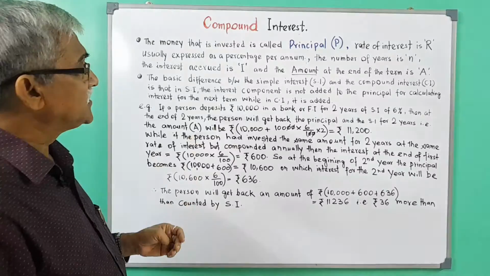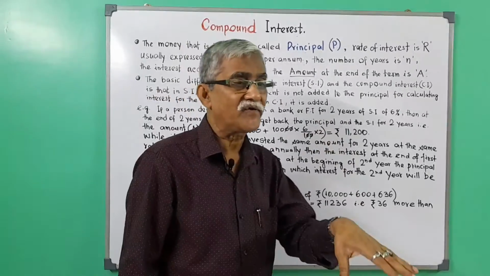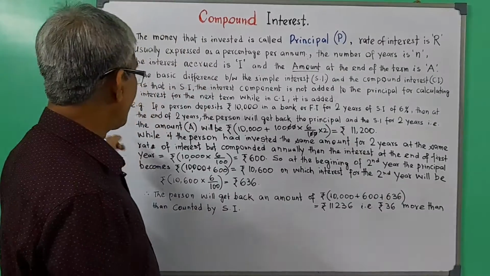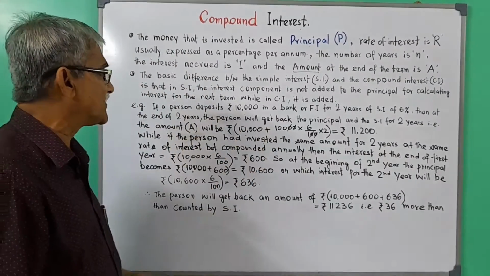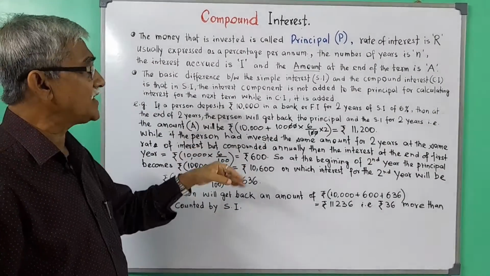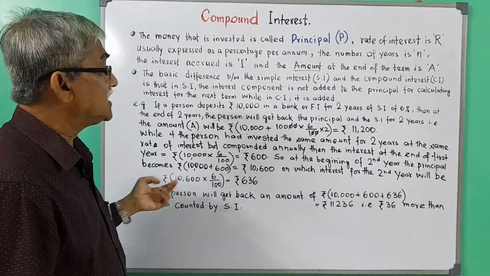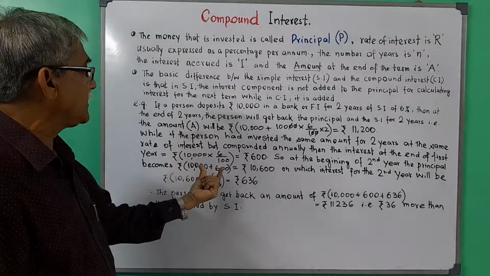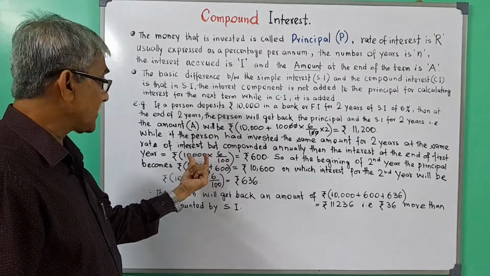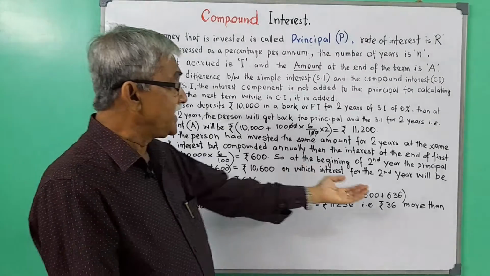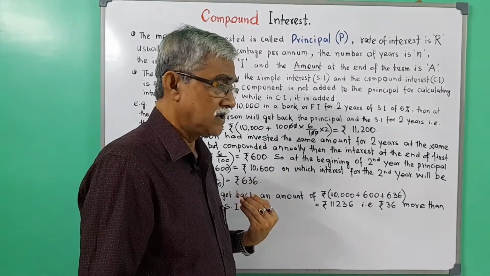While if the person had invested the same amount, that is rupees 10,000 for 2 years at the same rate of interest, here 6% per annum, but compounded annually, then the interest at the end of the first year will be 10,000 into 6 by 100, that is rupees 600.